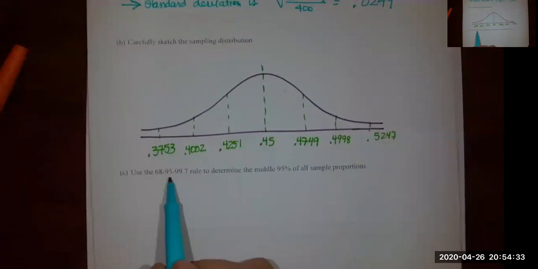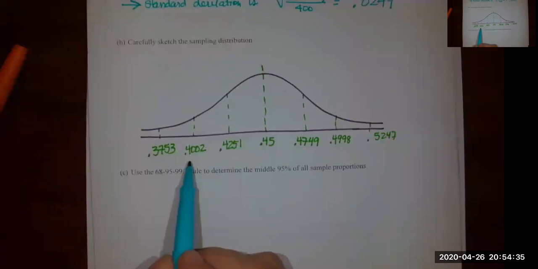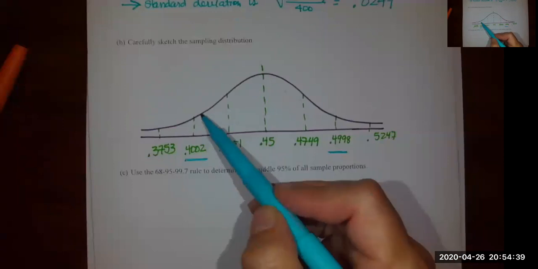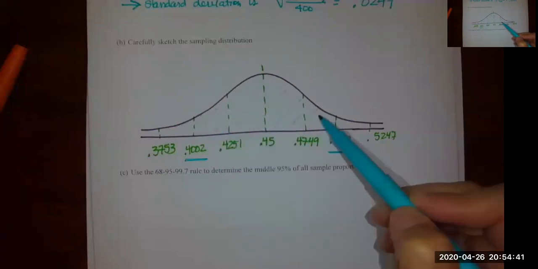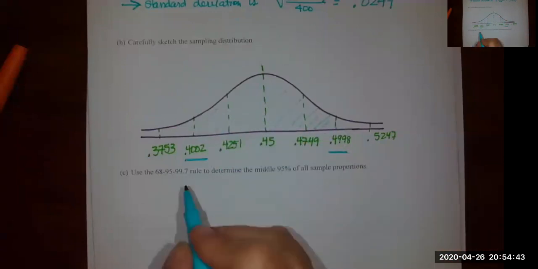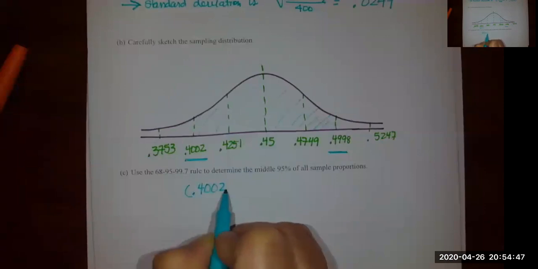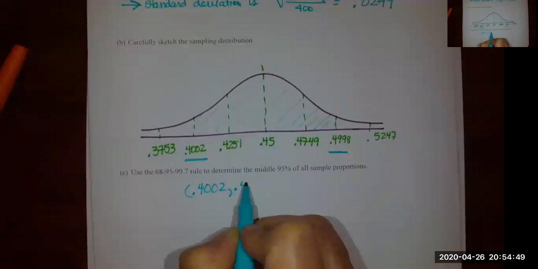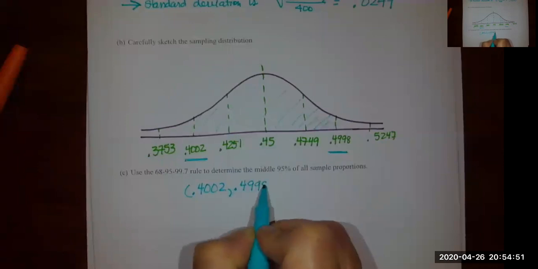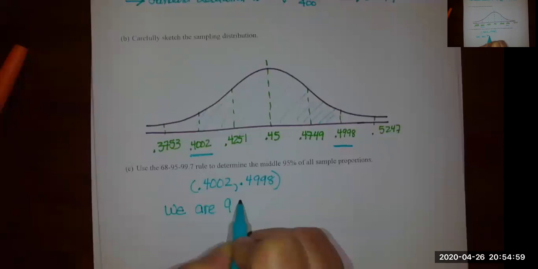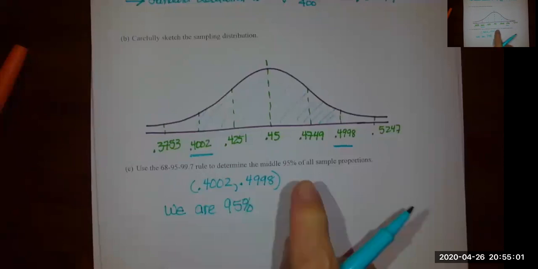Well, the middle 95 is going to be from here to here, because 95% are 2 standard deviations away. So we say 0.4002, comma, 0.4998. And what we can say is we must write our statement. We are 95% confident, that's coming from here.